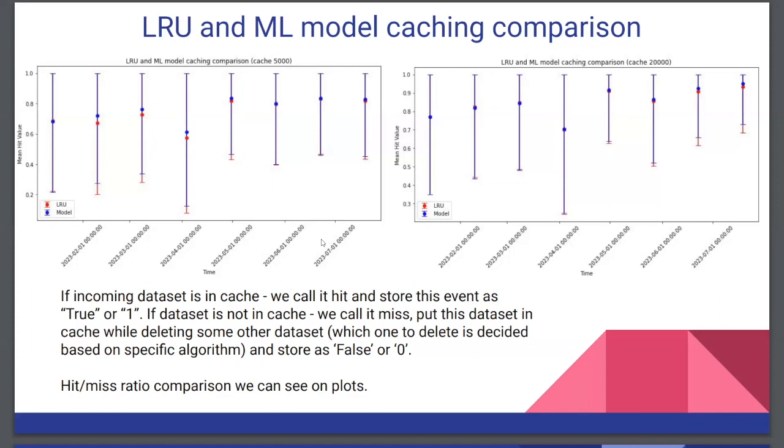After trying different cache sizes and different time periods, the comparison of the least recently used algorithm and our model allows us to conclude that our model with constant retraining slightly outperforms LRU.